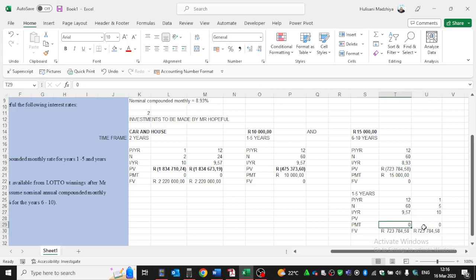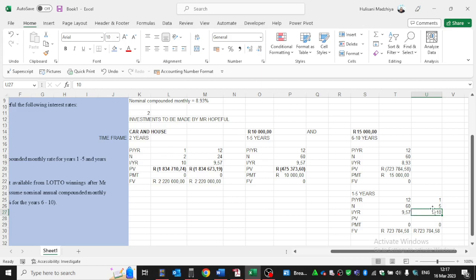That's when you get to apply this scenario, to say that it's going to be earning 9.57% interest on top of interest, on 723,784. This 9.57, earned on a monthly basis on top of the interest you already earned, is equivalent to 10% annually, which is the same as what we did for the 2 years one.